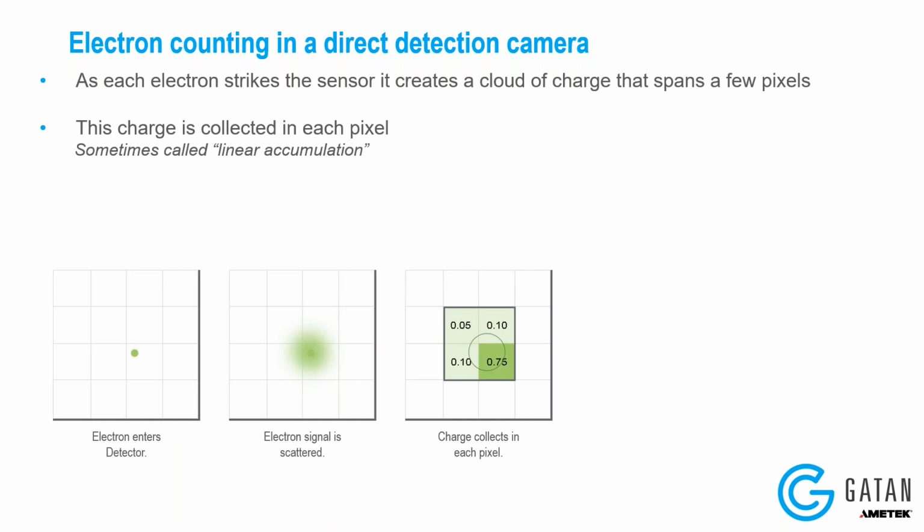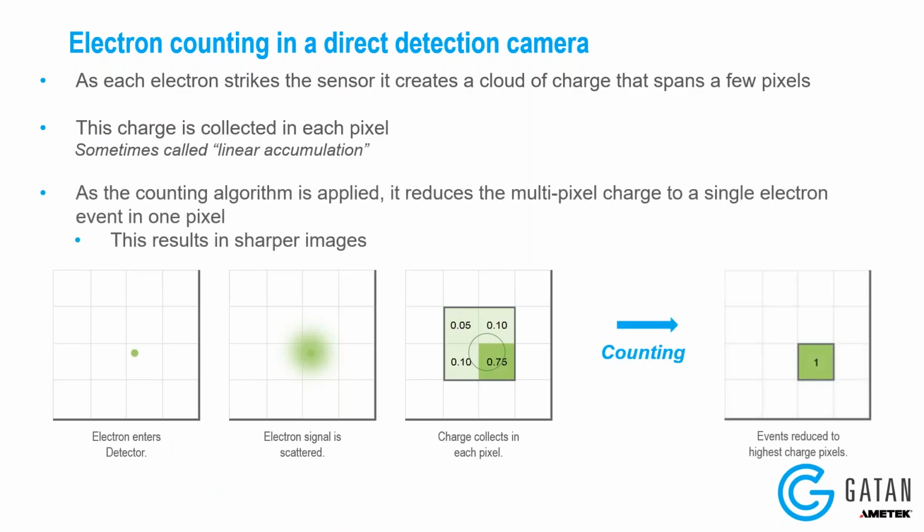And if you do that, you would get something like this image I'm showing here. Now, this would be okay, right? You would get an acceptable quality image, I suppose, with this, and you might call this a linear image or linear accumulation.